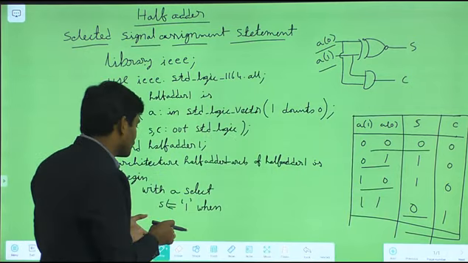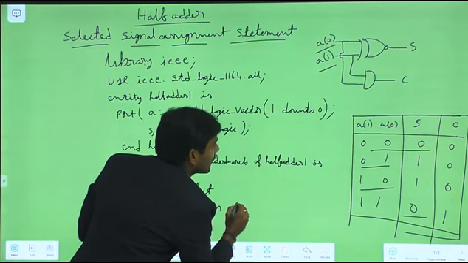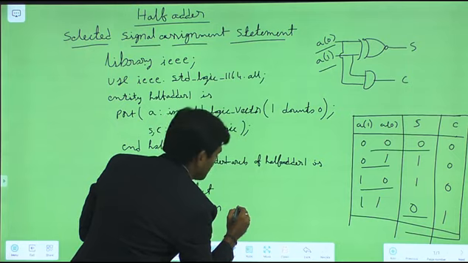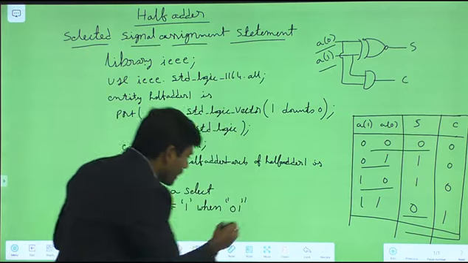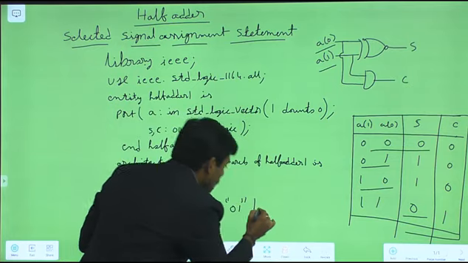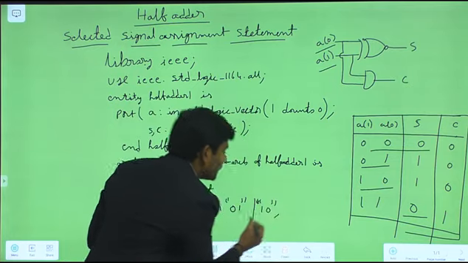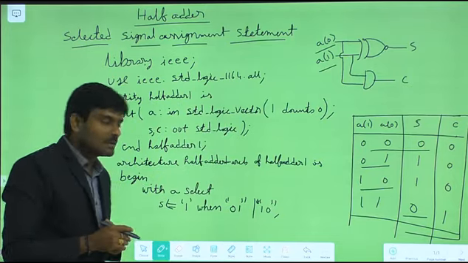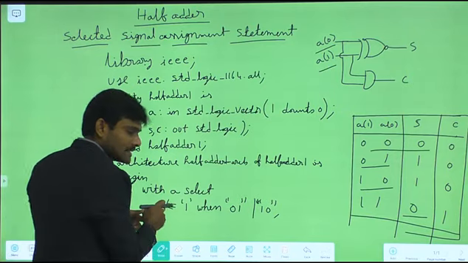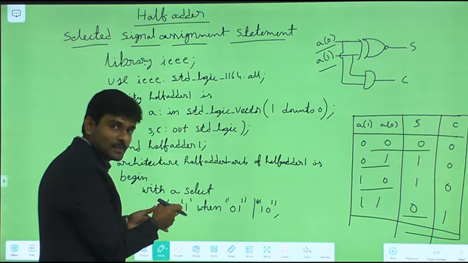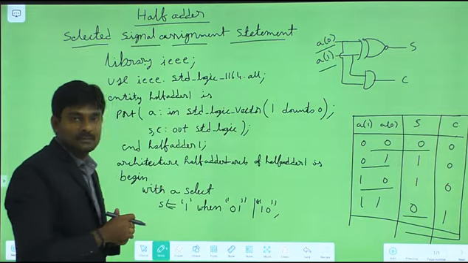So when the input is 0 1, in double quotes because of 2 bits, or 1 0, for these two input combinations the sum becomes 1. That's why I mentioned it over here: S is assigned the value 1 when 0 1 and 1 0.